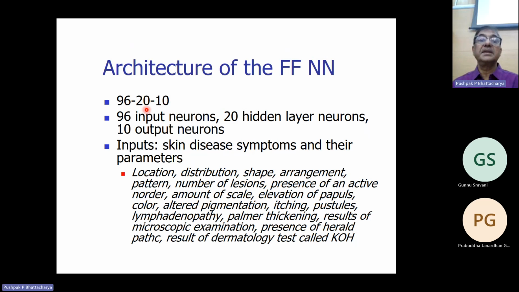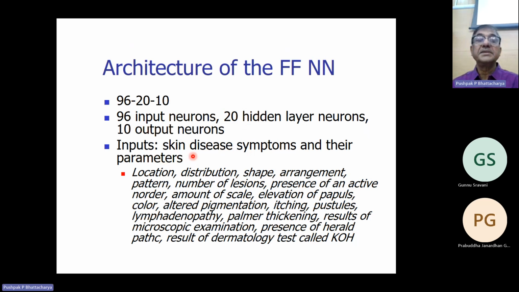What is this 96-20-10? 96 input neurons, 20 hidden layer neurons, only one layer, and 10 output neurons. So 10 output neurons corresponding to 10 skin disease conditions.